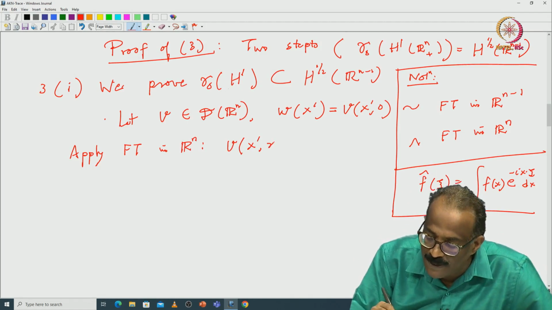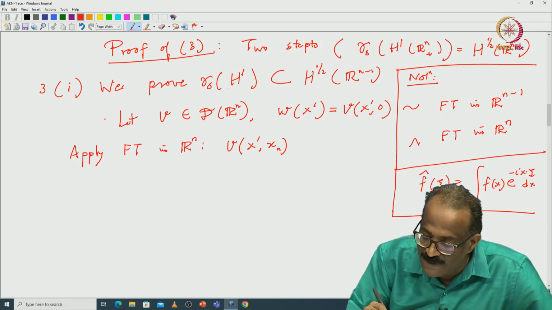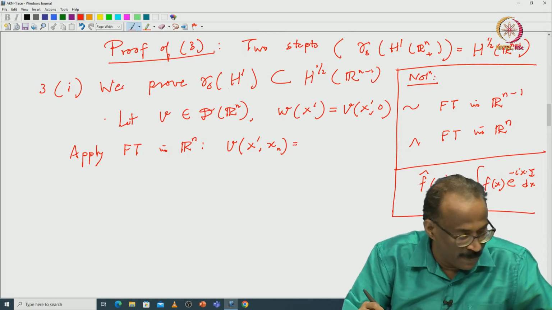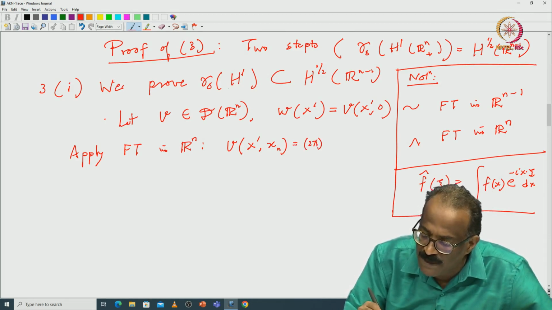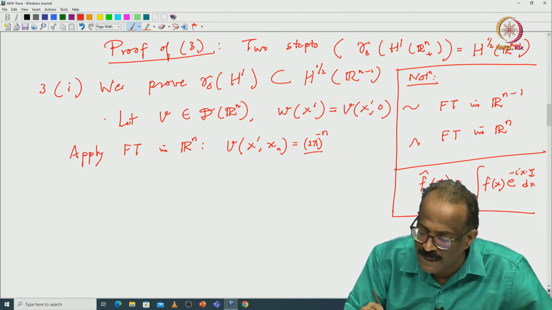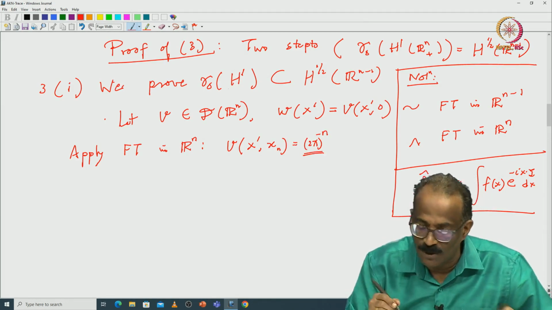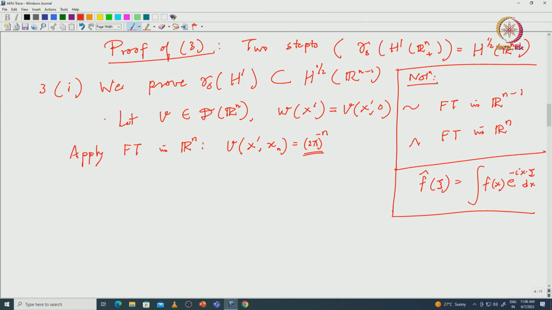So, this is equal to, you will have some 2 pi power minus n. I will not be writing this constant, I will just put a dot, you keep track of it. Your Fourier transform is the integral of e power i x dot psi, v hat of psi, d psi.